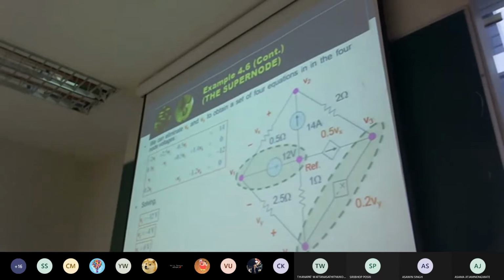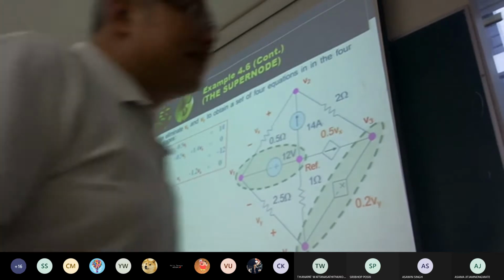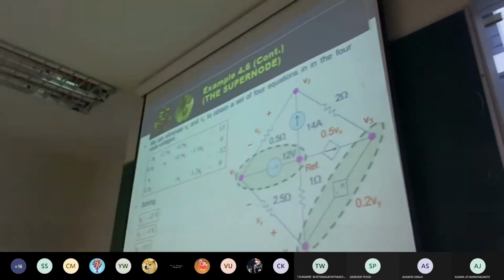Yes, it's already shown in example 4.6, on page 91. You can mark it. You don't necessarily need to write anything, but this differs from the book in only one way: I will show you each step. If you understand the nodal method, I think the supernode is the same manner.